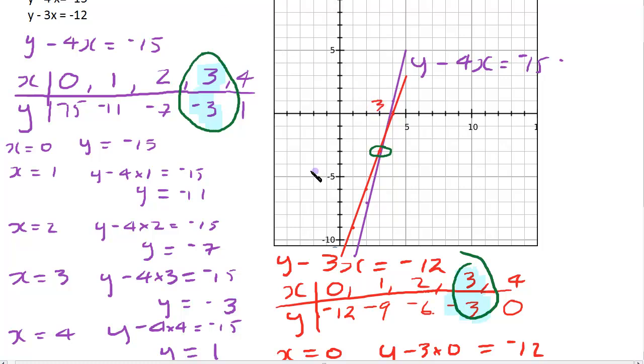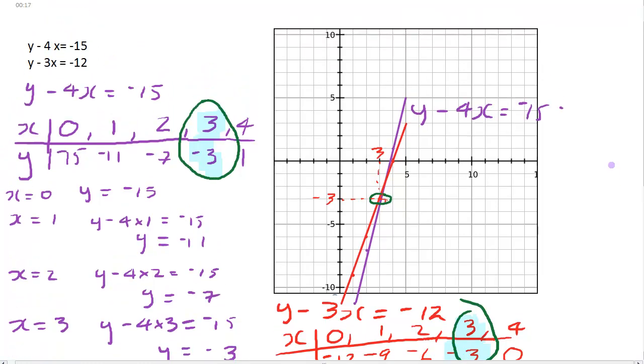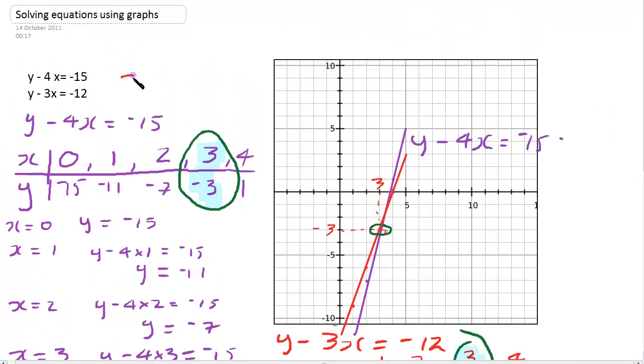So our solution to these two simultaneous equations is the point 3, minus 3. So x equals 3 and y equals minus 3.